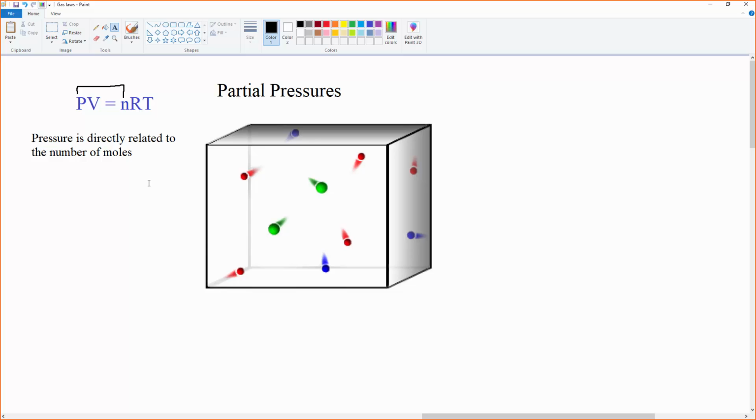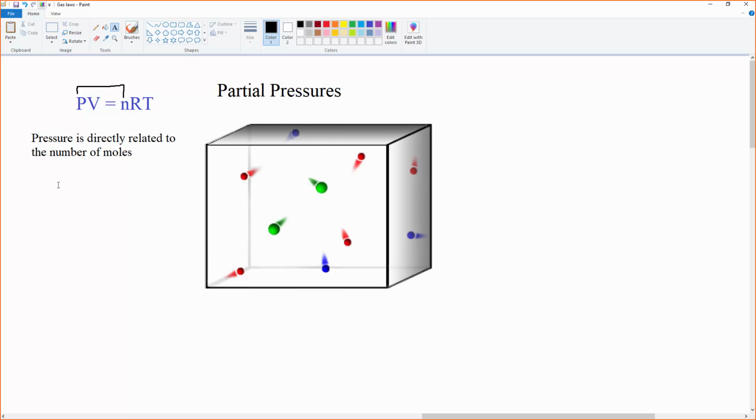But what we find that's very interesting, and of course this is related to the fact that all gas particles basically behave the same no matter what they are, is that it's very easy to determine the pressure fraction if we know the mole fraction of what's in here.